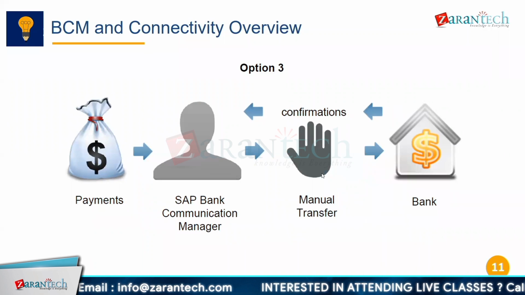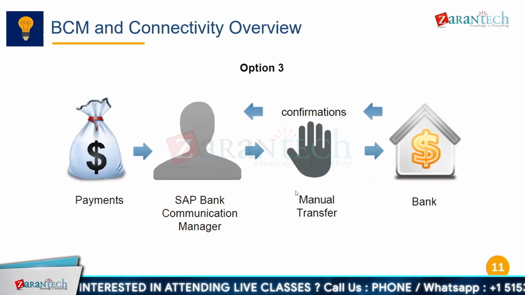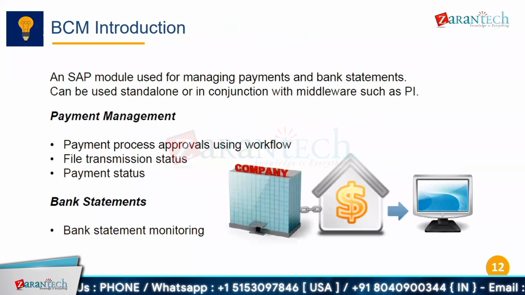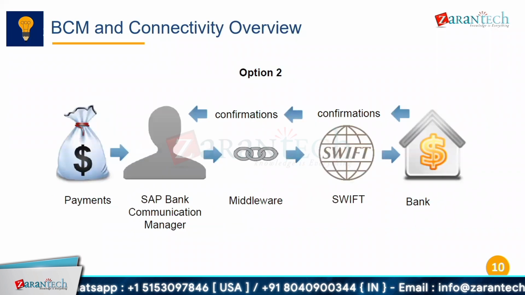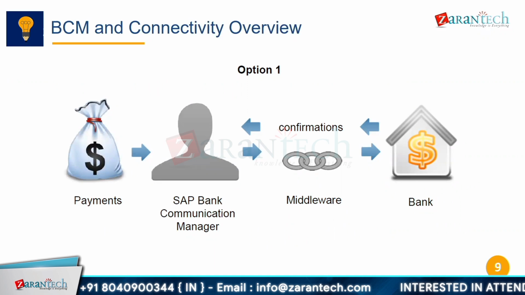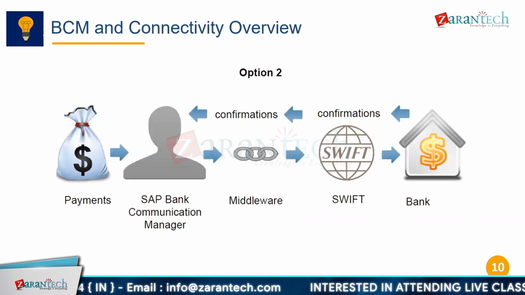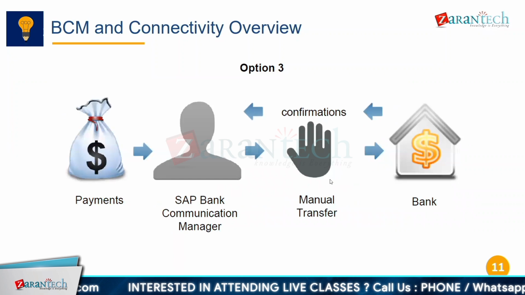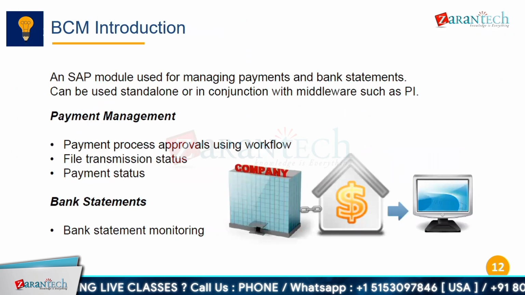Third option, after the BCM confirmation of the payment, you can transfer the payment file to the bank manually as well. So this is the way you can connect with the bank: you can use PIPO, SwiftNet, or manual transfer, depending on how you would like to communicate with the bank.